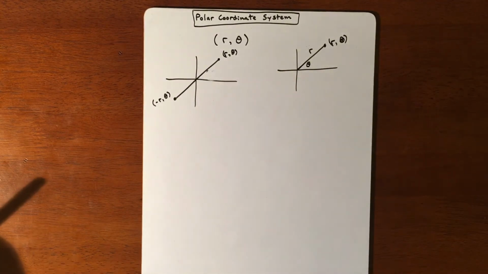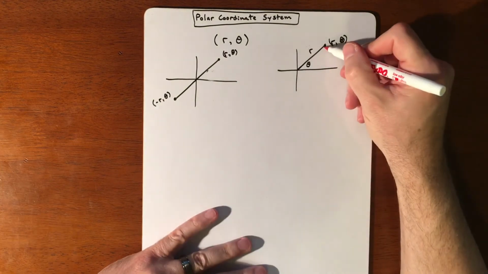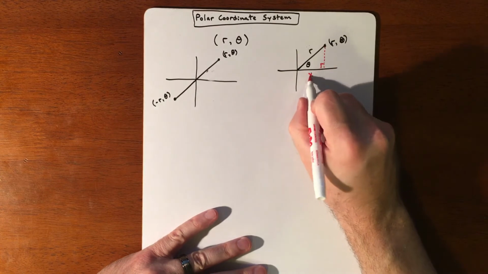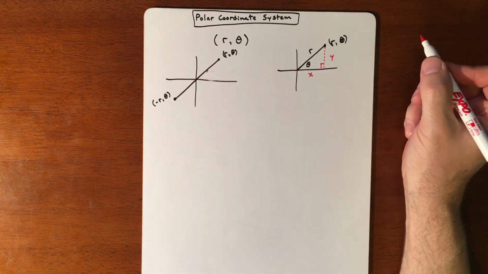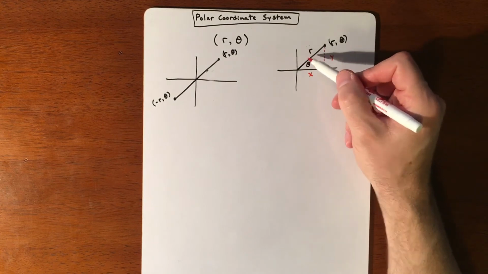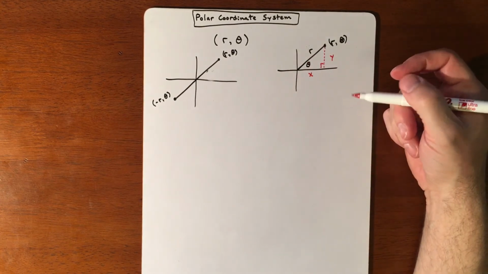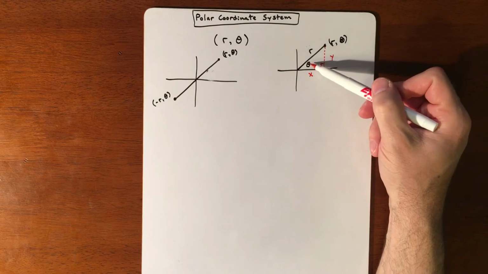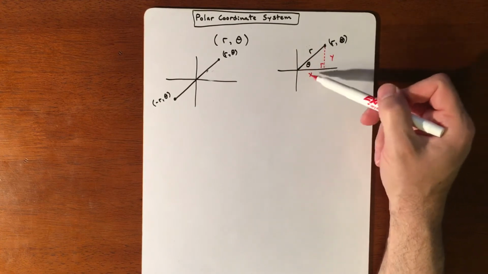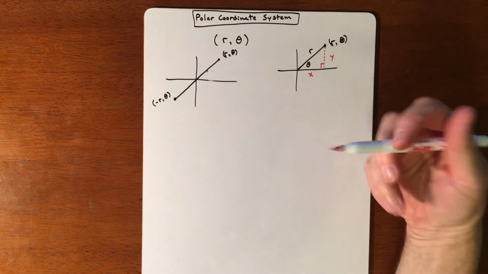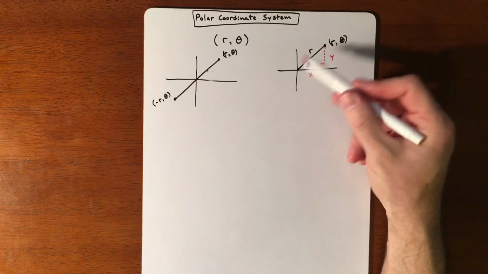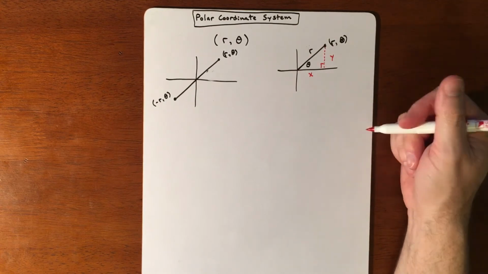So what I like to think of is, I drop this down, and all of a sudden x and y start to become the horizontal and vertical pieces of my graph. So I can go back and do stuff that I've done earlier in the semester: if I know my angle and I know my radius, I can use SOHCAHTOA types of stuff to figure out what my x and my y are. Or there's a good chance that it involves a special right triangle, so it's pieces of a 30, 60, 90 or something to that effect.